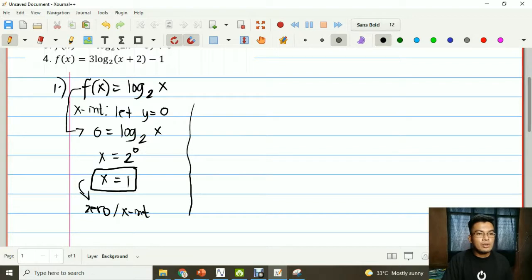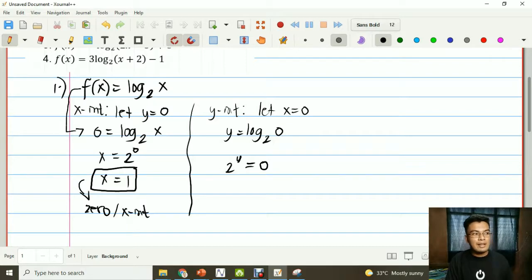So for our y-intercept, what are we going to do? We let x be equal to 0. So this will be y is equal to log base 2 of 0. Transforming this to its equivalent exponential form, this will be 2 raised to y is equal to 0.